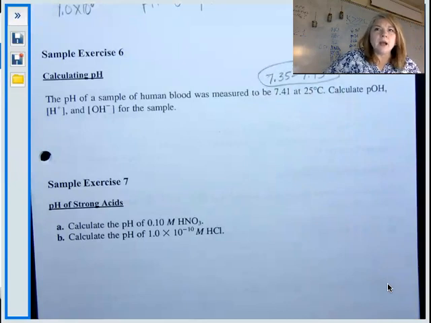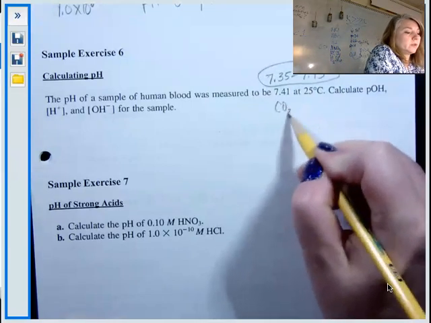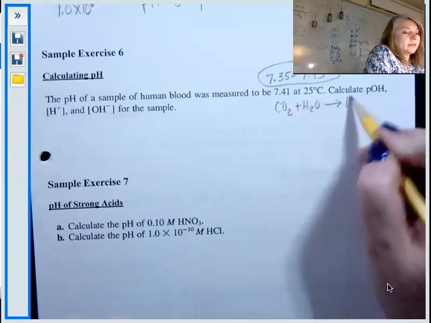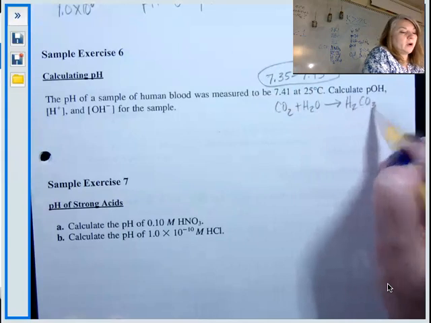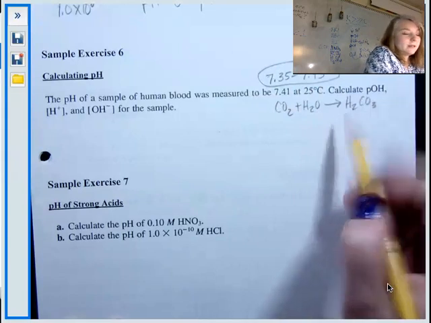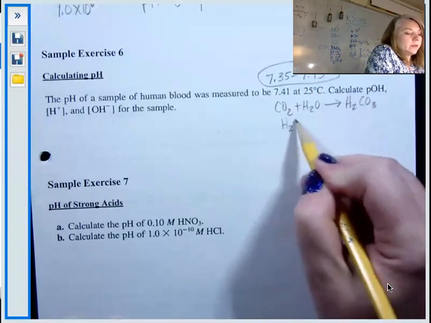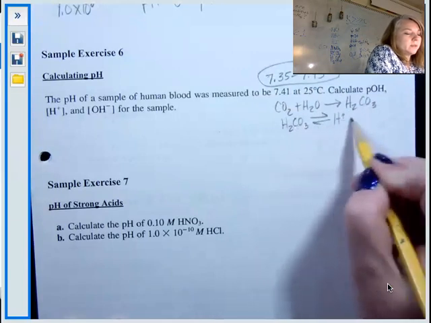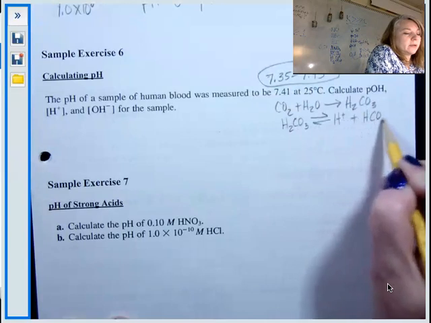If you think about what you have in your bloodstream all the time, you have carbon dioxide. And carbon dioxide mixed with water, CO2 plus water, actually makes carbonic acid. But carbonic acid is a weak acid, and so this stuff literally undergoes this process all the time: H plus and HCO3 minus.